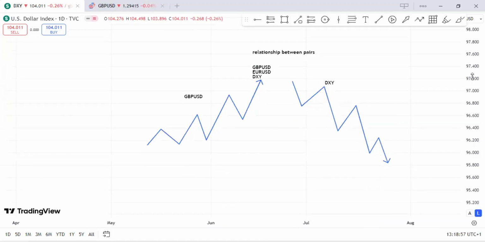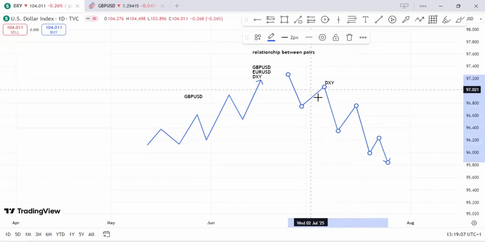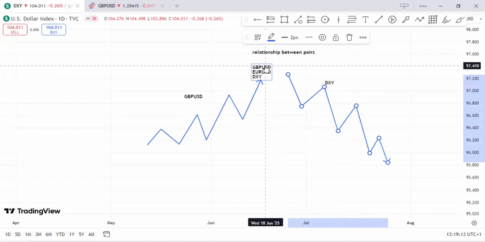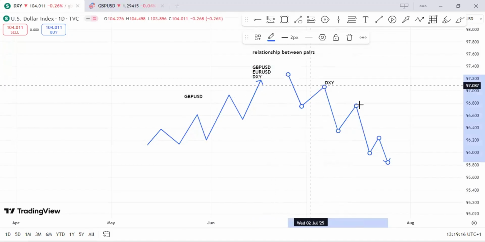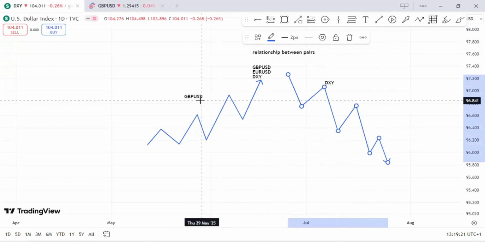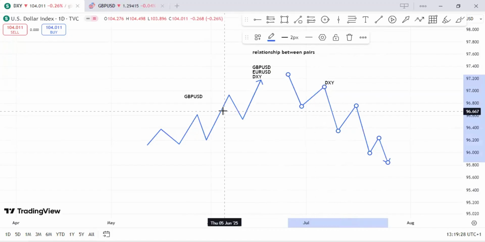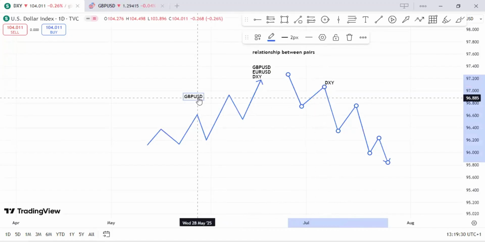So how do you use this to trade? Usually, they say that dollar is king, or DXY is king. The reason is because if you want to trade GBPUSD now, you have to be looking at the dollar index in itself to make sure that it is aligned with either GBPUSD or the EURUSD. Let's assume you are ready to start selling, or you are ready to start buying your GBPUSD or your EURUSD.